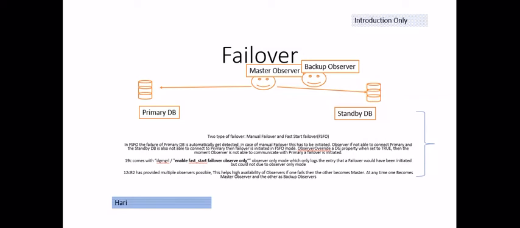An observer is required in both cases. If the observer is not able to connect to the primary database, and at the same point of time the standby database is also not able to connect to the primary database, then failover is initiated in FSFO mode by the observer.